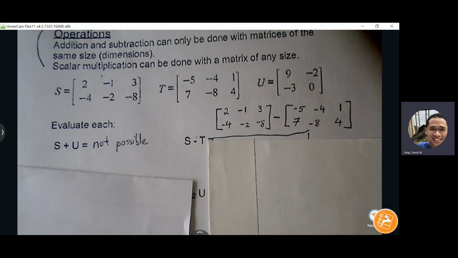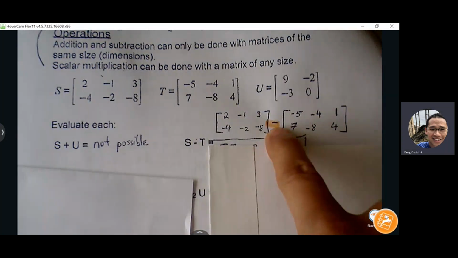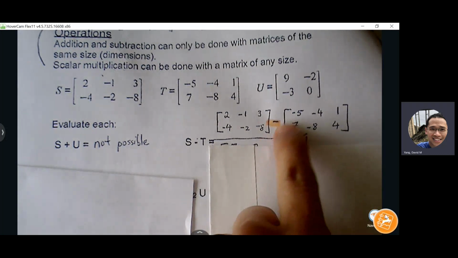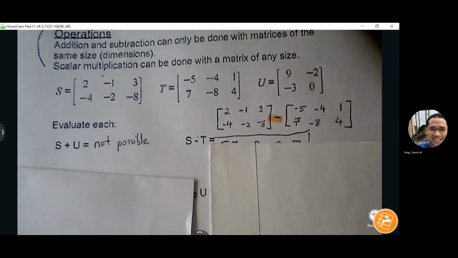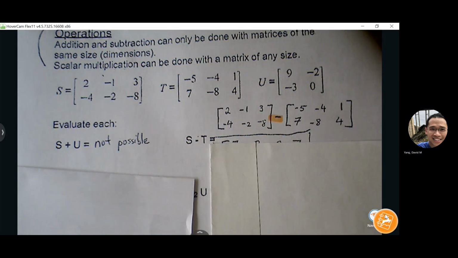Now, what do we have to be careful about if we're subtracting matrices? What could trip us up? Yeah, we got to keep track of our negatives, right? So this minus sign is not the same as this minus sign here. So we have to sometimes remember that we may have multiple minus signs to keep track of.